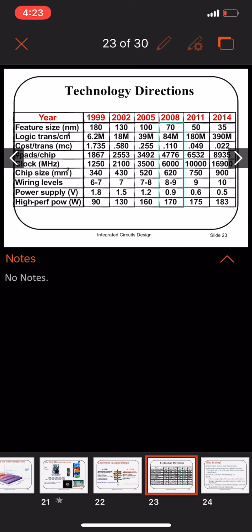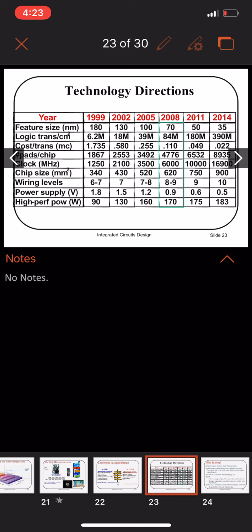The feature size in the year 1999 was basically 180 nanometer process technology. In the year 2002, it was 130 nanometer process technology, while in the year 2014, it was 35 nanometer process technology.